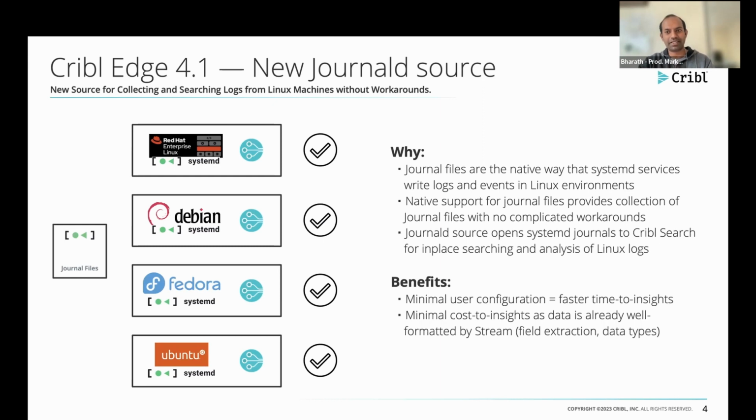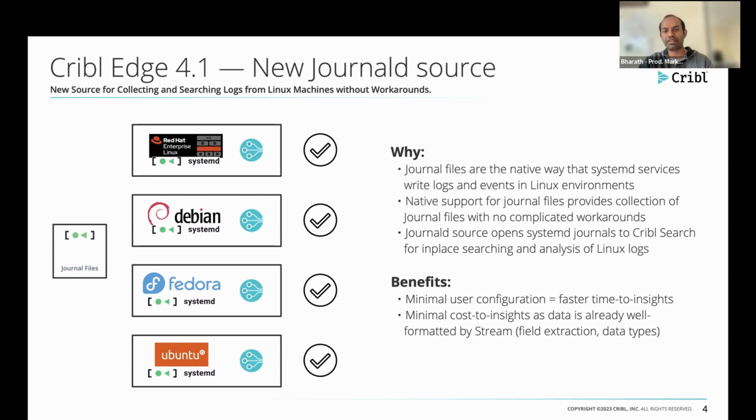We also introduced journal integration with Cribl Search, which means you can search for data in place without having it moved to a central location, right? So with Edge, you can search journal information in place, which is again going to accelerate your time to insights without having to move your data to some central repository and then index and analyze it.